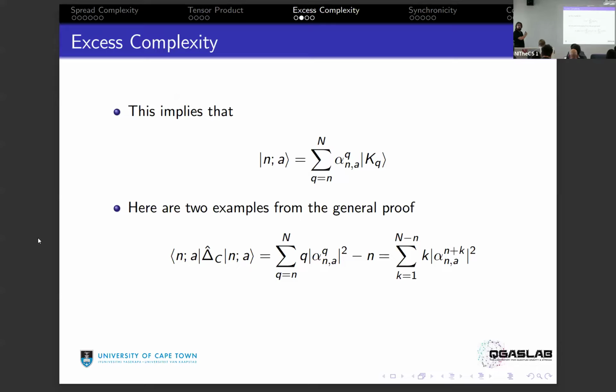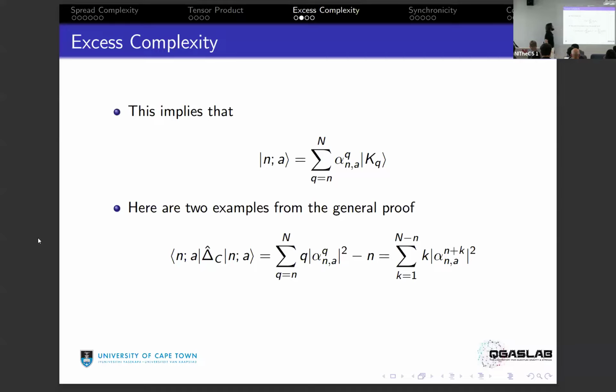And using that, you can now prove that an operator is positive definite. You can do it iteratively by actually building up every possible state in the Hilbert space until you get a positive overlap. I'm just going to give you 2 examples from that general proof, but you can see the general proof in the paper. So the first is the simplest case, just consider diagonal elements. So in A, so these are eigenstates of C1, C2. They sum to N in the indices.